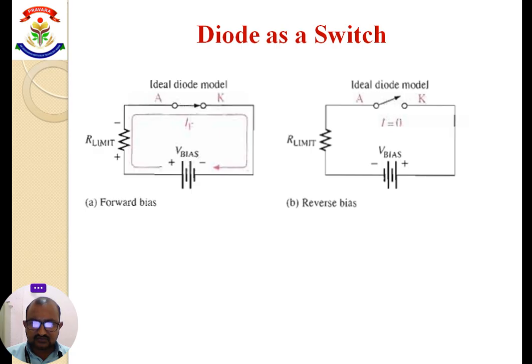That means the anode is connected to negative and cathode is connected to positive, and then we can say that the diode is in reverse bias condition. At that time the diode acts as an open switch. Hence we can say that in forward bias condition the diode acts as a closed switch, in reverse bias condition the diode acts as an open switch.